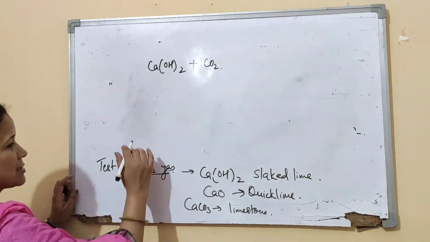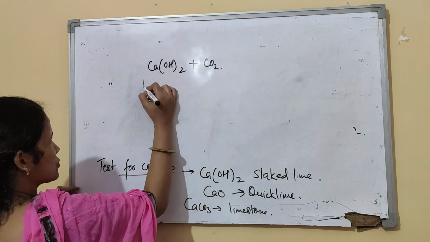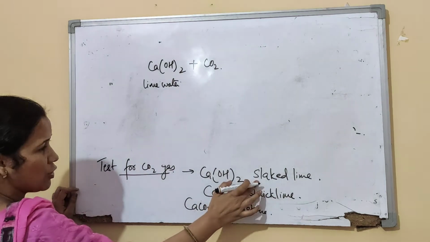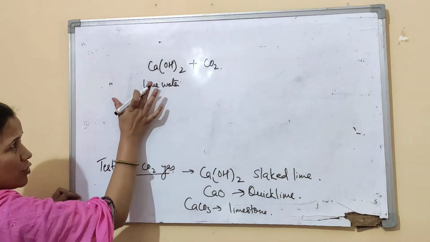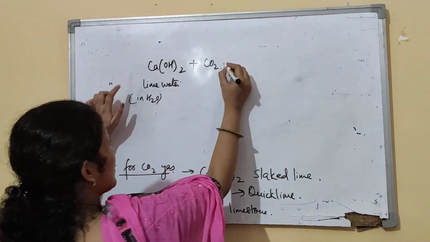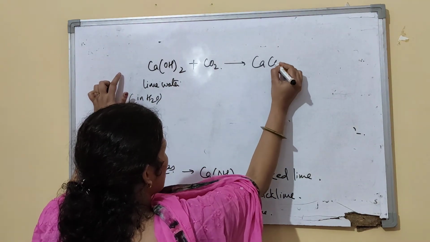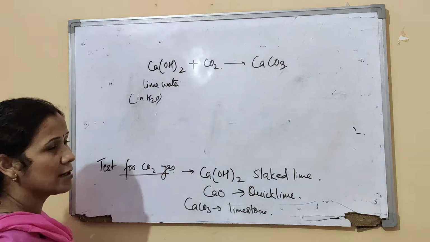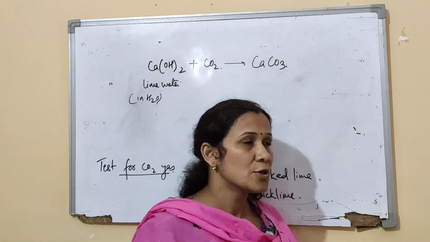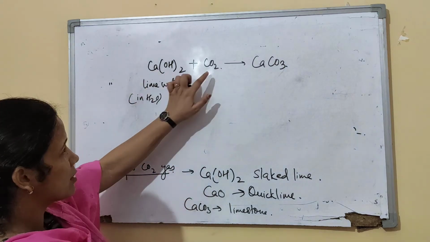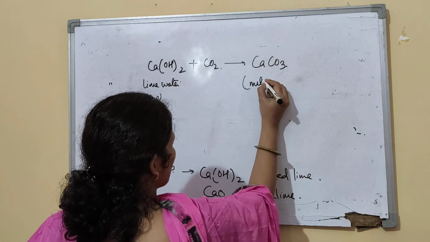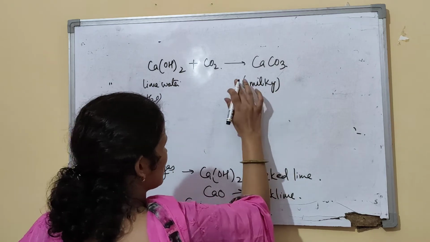This suspension of slaked lime is known as lime water. We have dissolved it in water. When treated with CO2, this is going to give you CaCO3. Calcium carbonate is a white precipitate. So you will say lime water on passing CO2 turns white, we say milky. So lime water turns milky.